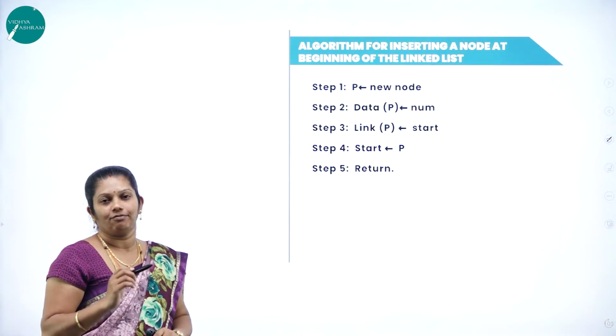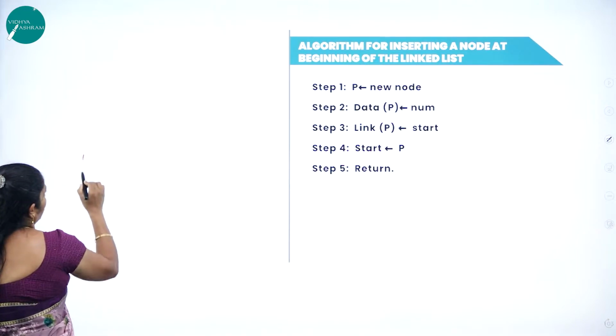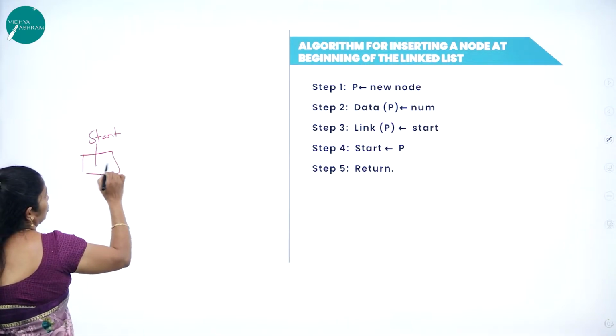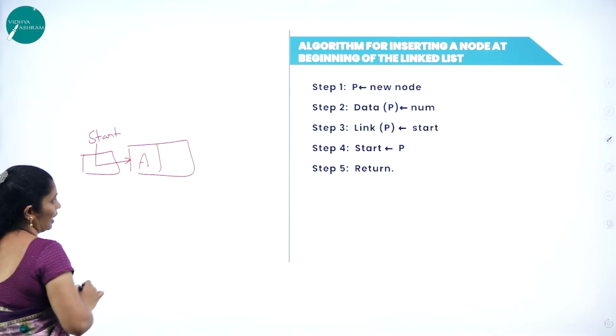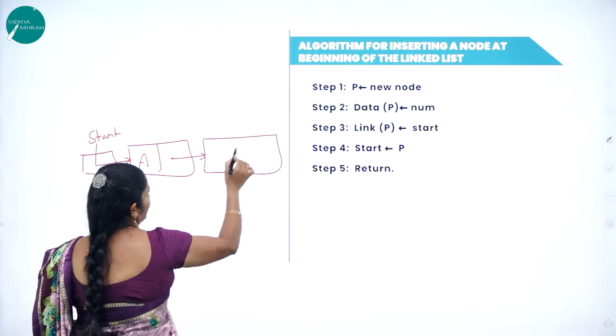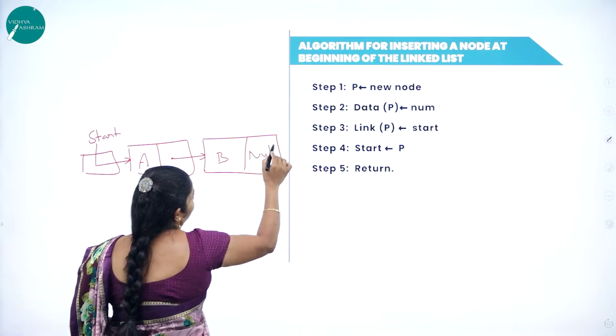In the beginning, if I want to insert a node, first what you have to do, consider you have the linked list. Here the start contains the first node address and the first node contains, for example, the value A, and in the address part it contains the next node address, for example B. Then here I am having null.